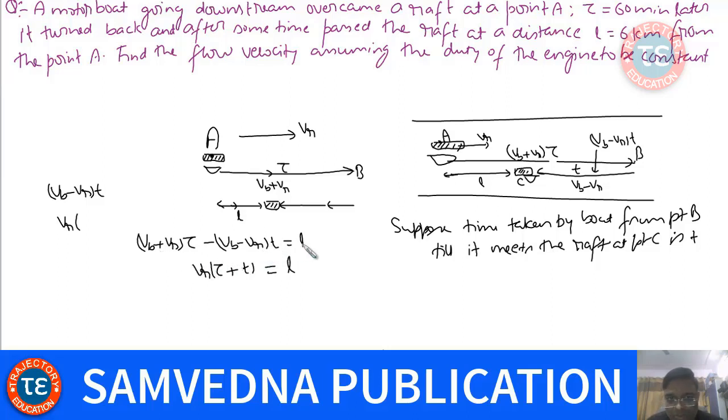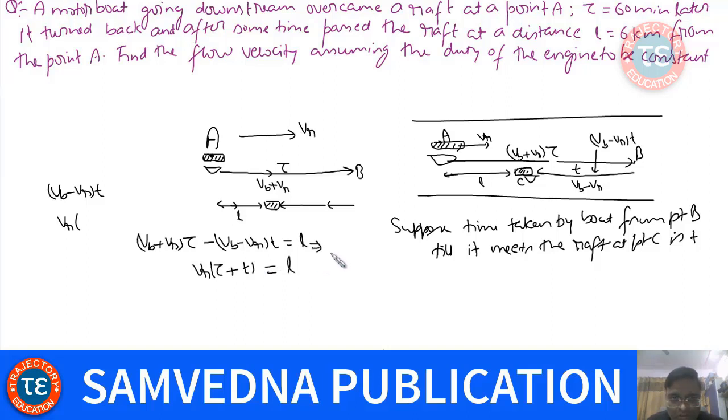The displacement of the boat is also L, but that displacement is expressed as distance traveled during the downstream journey minus distance traveled in the upstream journey, and that difference is L, right?